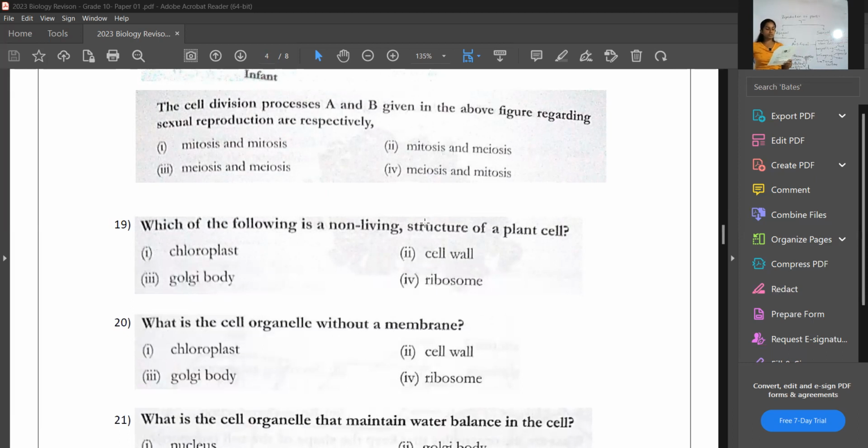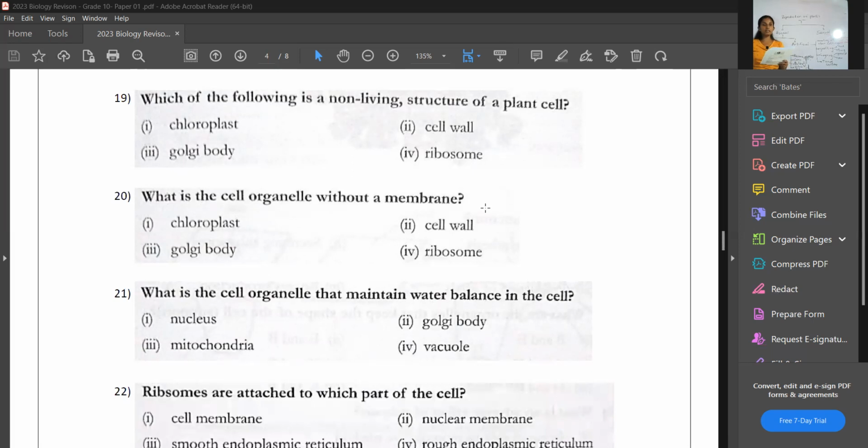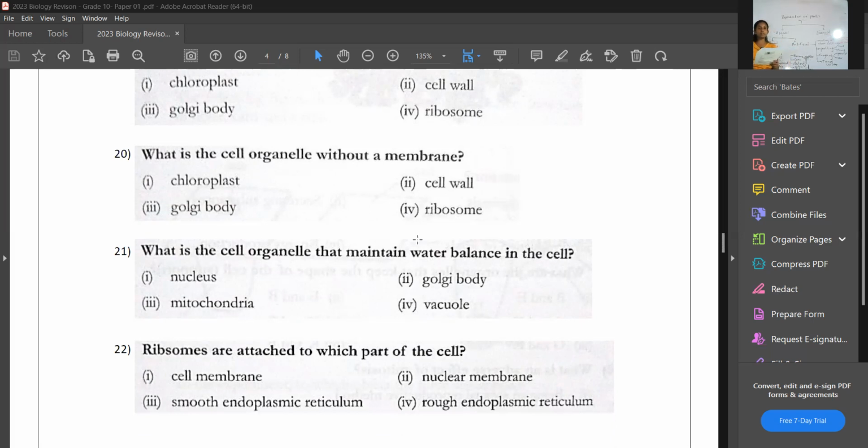19. Which of the following is a non-living structure? That should be cell wall. Second answer. 20, what is the cell organelle without a membrane? That is ribosome. Without a membrane, ribosome. 21, what is the cell organelle that maintains the water balance? That should be vacuole.